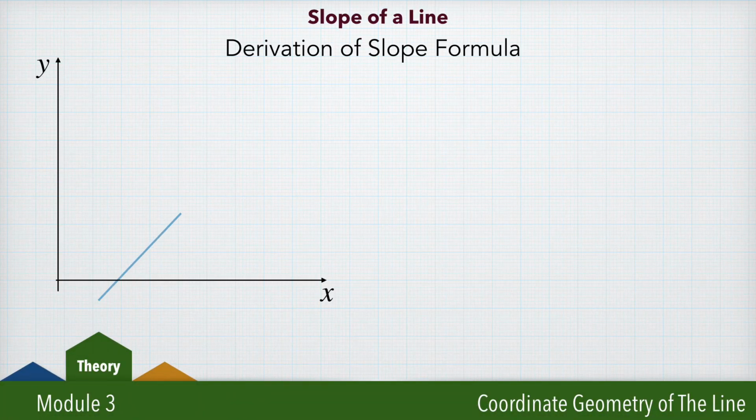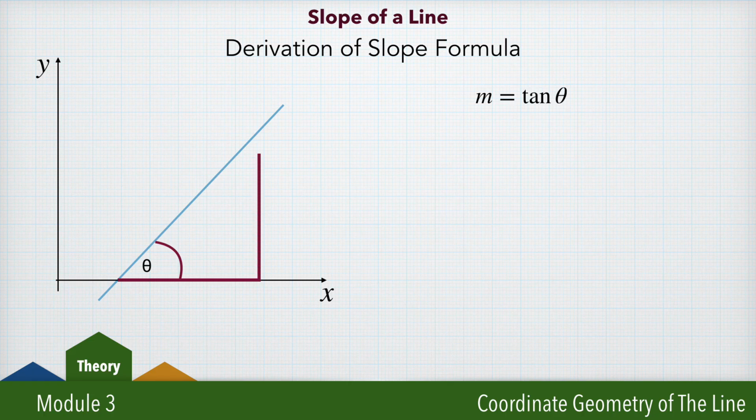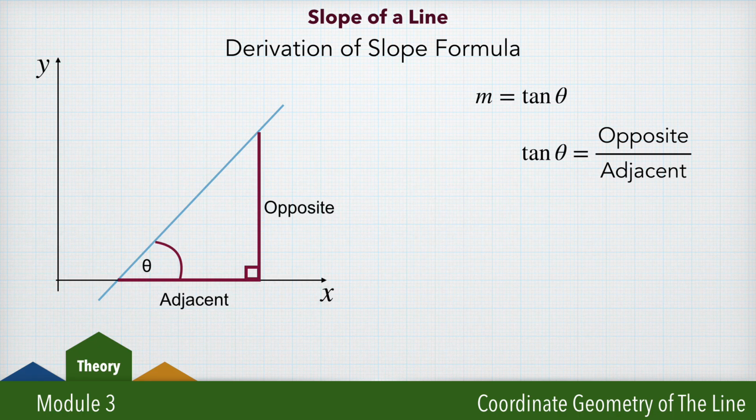The slope of a line is the tan function of the angle it makes with the positive sense of the x-axis. In a right-angled triangle, the tan function of an angle is the ratio of opposite over adjacent. In our triangle, the opposite side is the rise and the adjacent side is the run.